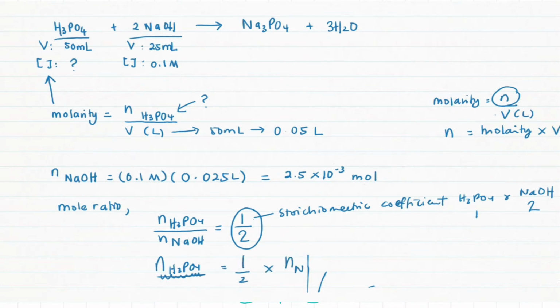So right now we can calculate mole of H3PO4 is equal to 1 over 2 times mole of NaOH. We calculated earlier 2.5 × 10^-3 mole. Therefore, the answer is 1.25 × 10^-3 mole.